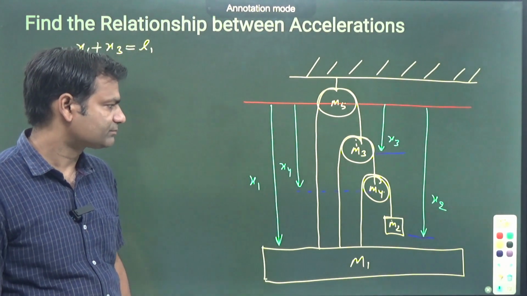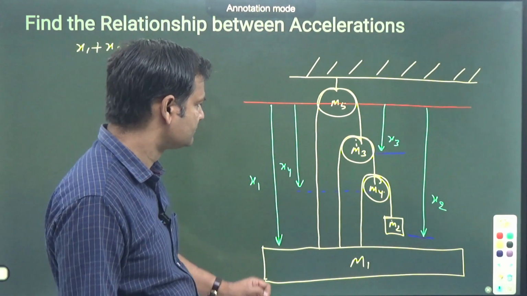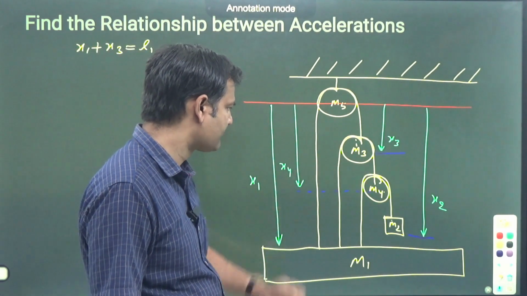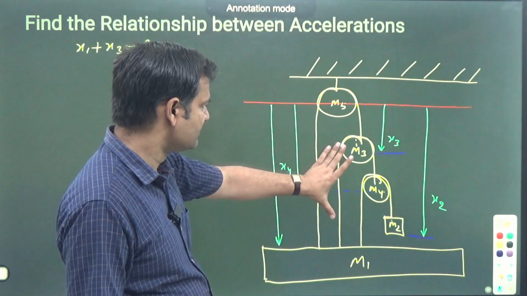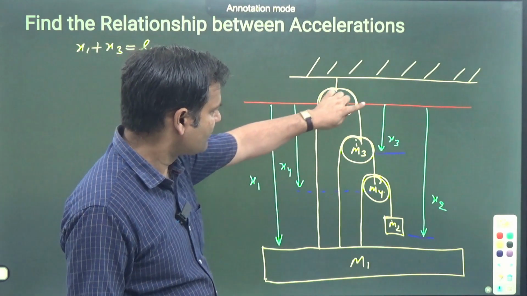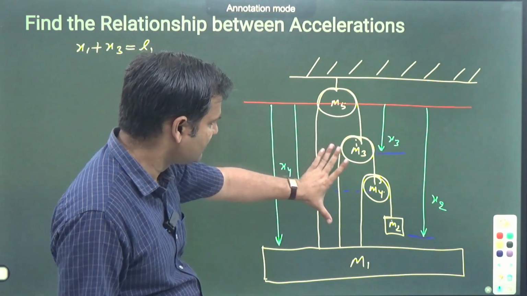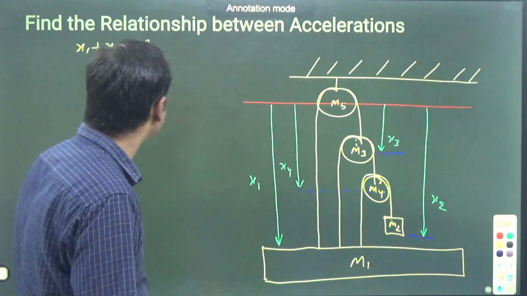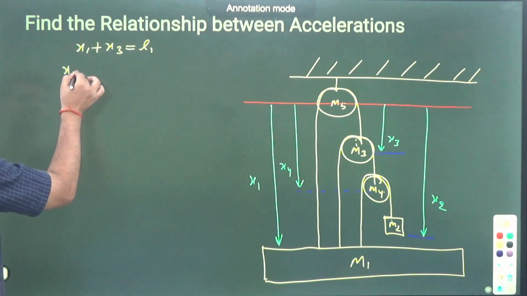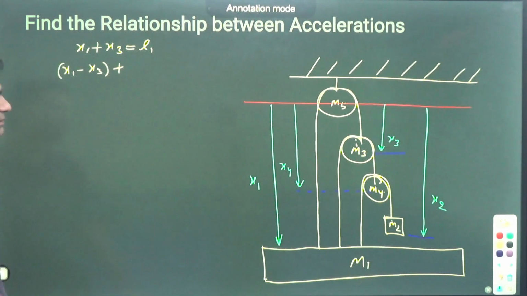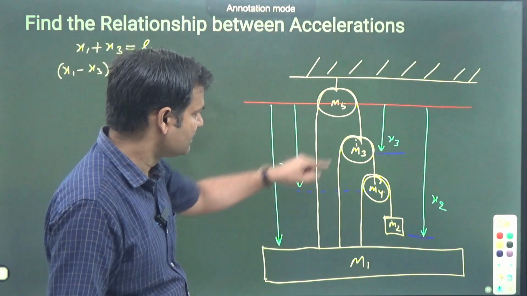Now next one. Look. We focus on this string. This string's length: from here to here x1, from here to here x3. But our motto is to determine that length, so you can say x1 minus x3, plus here x1, here x3.